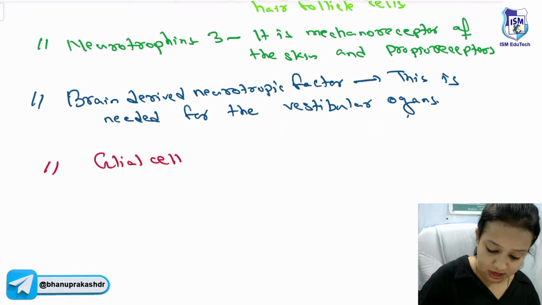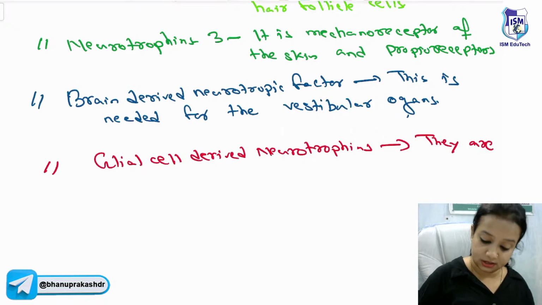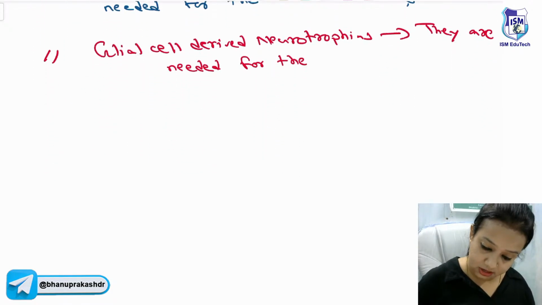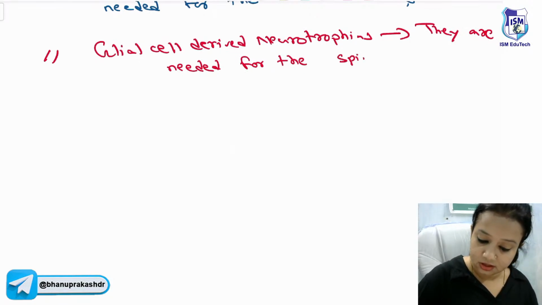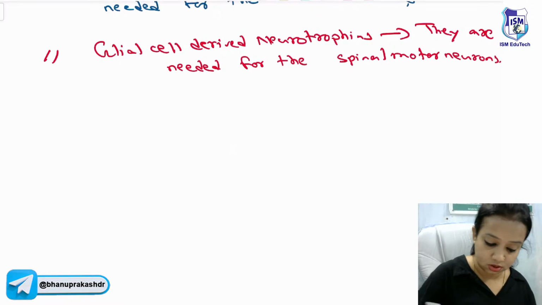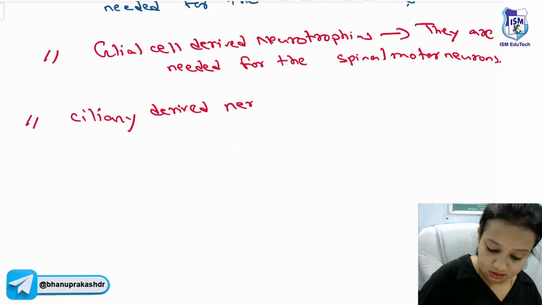Then we have other neurotrophins like glial cell derived neurotrophins. They are needed for the spinal motor neurons, and ciliary derived neurotrophins.